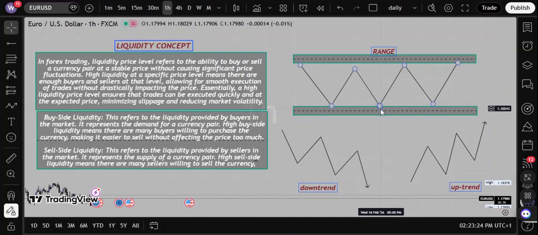So anytime price comes to this demand zone and gets rejected, and probably sweeps out a zone right here or deep into this zone, it means it has taken out the liquidity that is resting here and pushes forward. Price moves from one liquidity area to the next liquidity area. So if we are trading a ranging market, this is how we see where liquidity is resting.